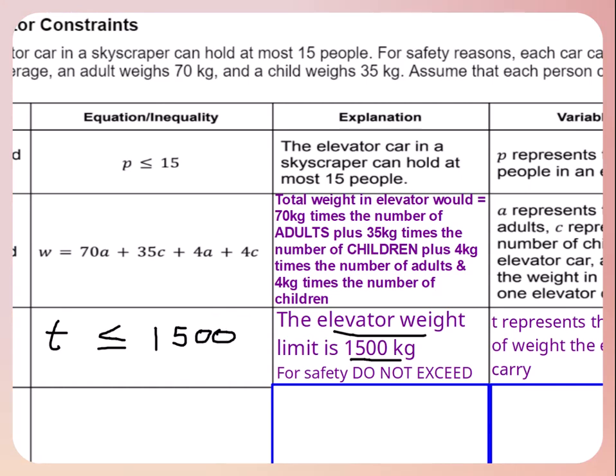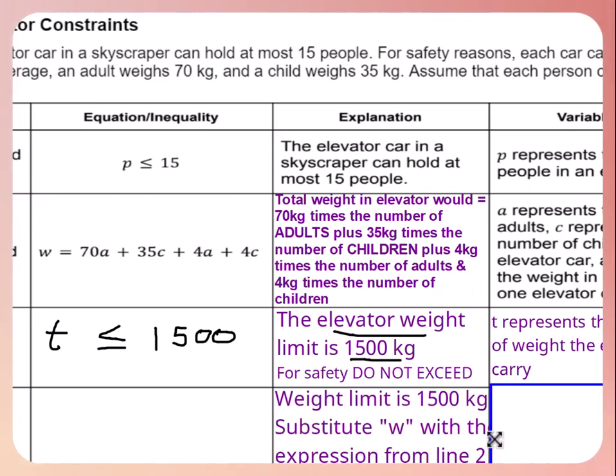All right, let's see if we can pick something else out of that word problem. All right, the weight limit is 1,500 kilograms. I'm going to take the W for weight limit. If you look up here on row 2, we have W equals 70A plus 35C plus 4A plus 4C.